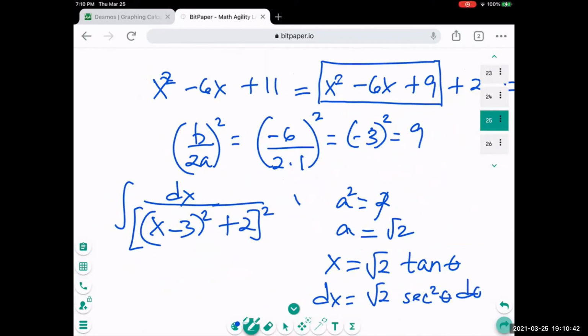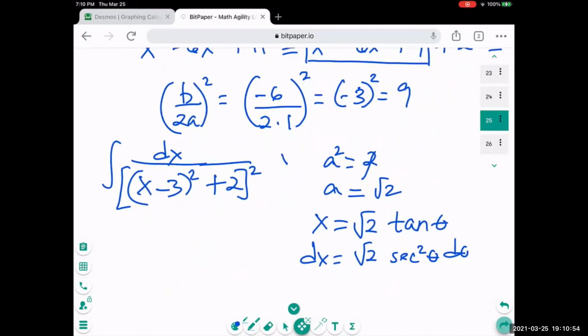And then, of course, our u squared plus a squared, or x squared, is our variable. Now we can turn it into the trigonometric substitution that we have. So dx is square root of 2 secant squared of theta d theta, right?